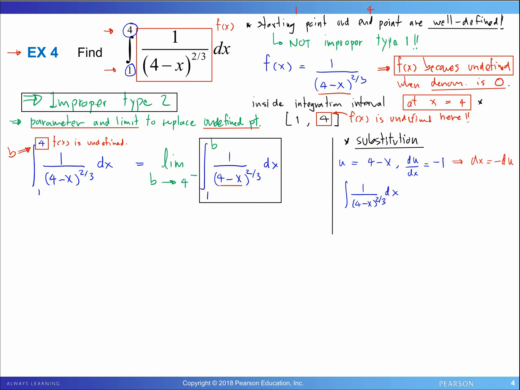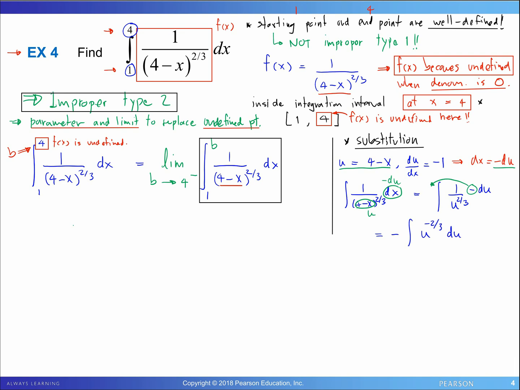And now we know u is equal to 4 minus x. Let's use it right here. So this becomes u. And this dx right here is equal to minus du. And now we have integral of 1 over u to the power of 2 over 3 times minus du. Now let me move this minus sign to the front. And now I have minus integral of u to the power of minus 2 over 3 du.